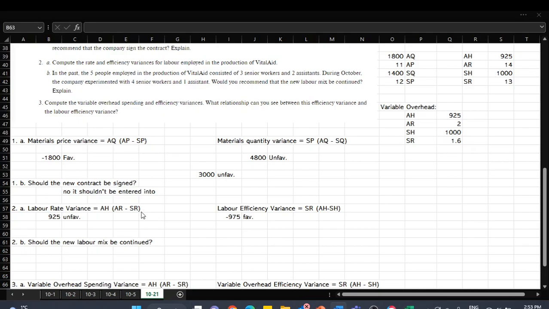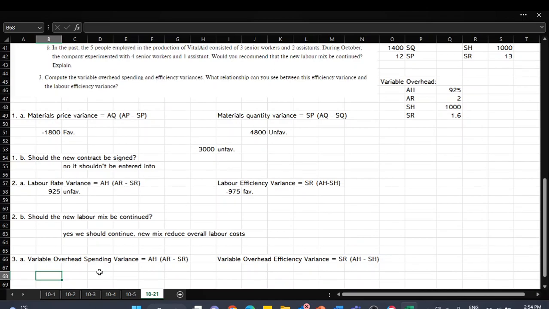Okay, so our overall variance is just a difference of 50, but it's still to the favorable side, which means that the new labor mix reduces our overall labor cost. Okay, so yes, we should continue. The new mix is going to reduce our overall labor. Okay, labor costs.